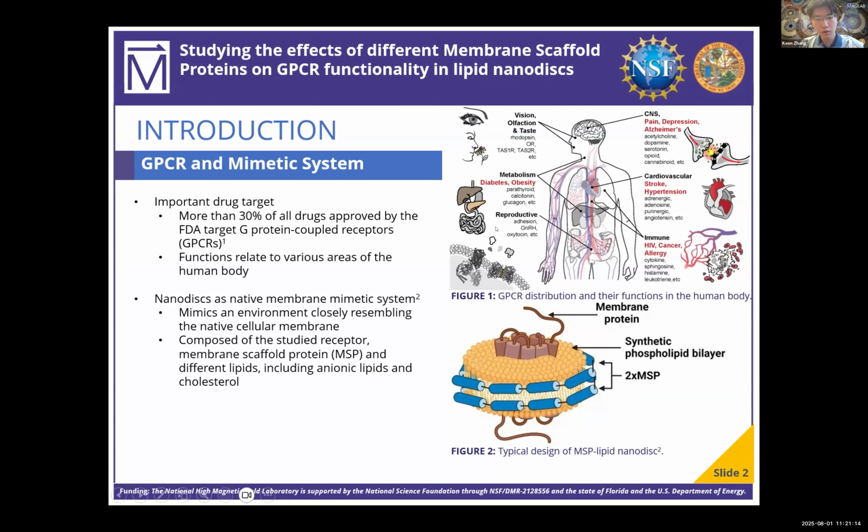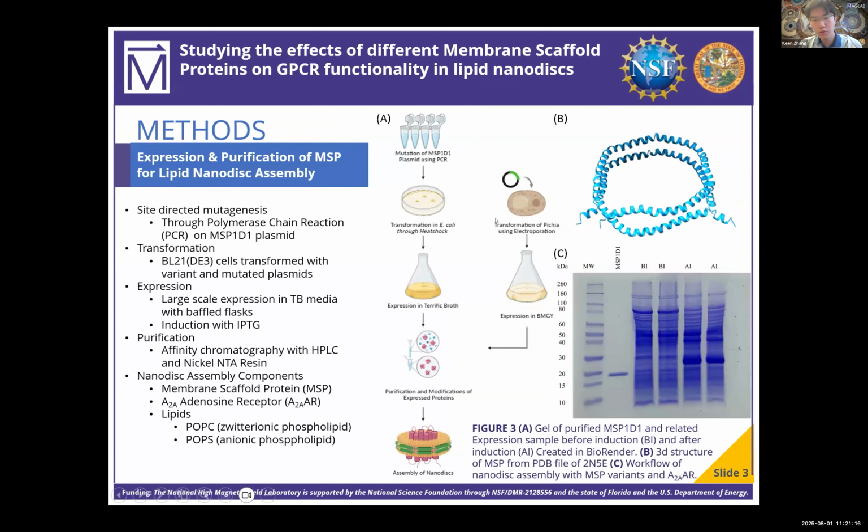And so what I've been working on this summer is producing these variant membrane scaffold proteins through mutations, through polymerase chain reaction, PCR, and transforming them into E. coli BL21 DE3 cells and expressing them in TB media, following very typical protein production protocols. This SDS-PAGE gel figure shows successful expression of MSP1D1 as well as successful purification of the protein.